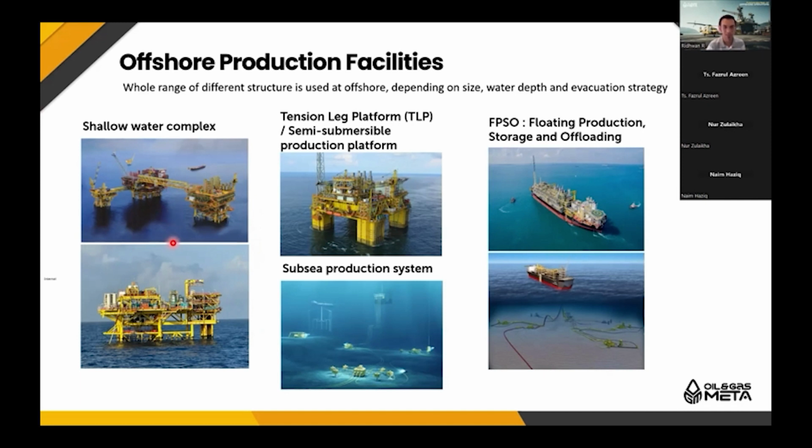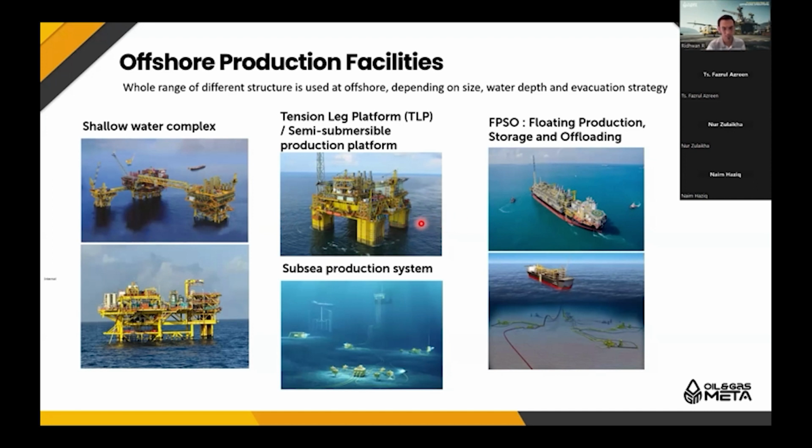Malaysian waters. Okay, so the next type of production facility is the tension leg platform or semi-submersible production platform. In a way it is more or less like this, except this is to cater for platforms with water depth up to 2000 meters. Instead of fixing the jacket or platform to the seabed, we have the so-called tension leg.